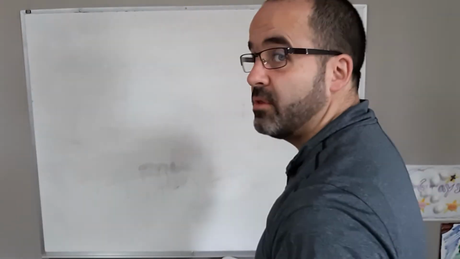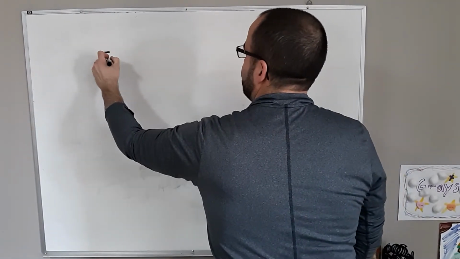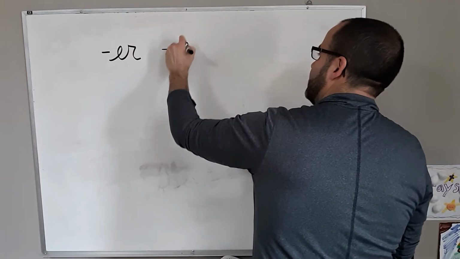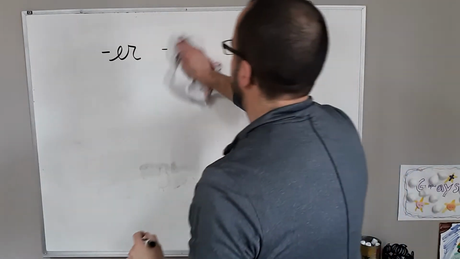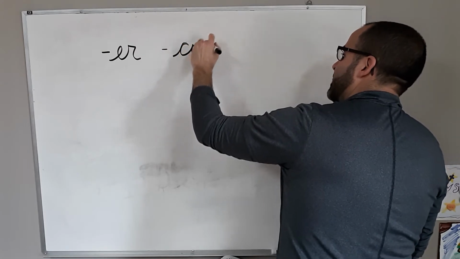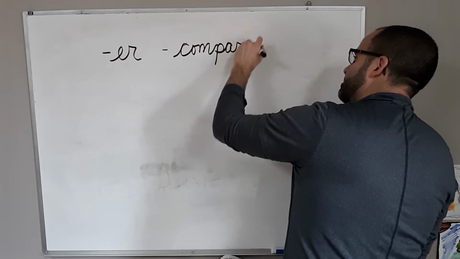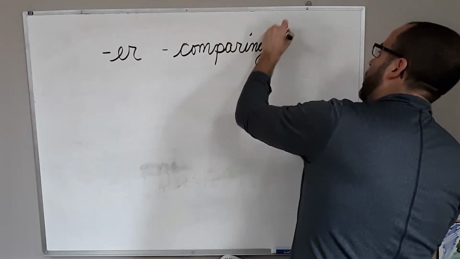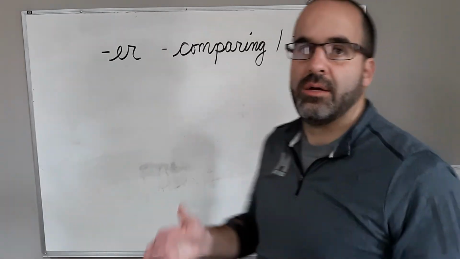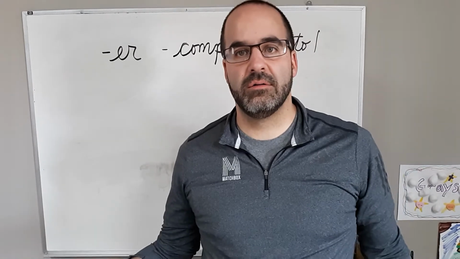Now, at the bottom, they're going to have us do some stuff with the ER and the EST. We're not going to go through the bottom, but what I want you to remember is this. When it comes to ER, we are comparing one thing to one other thing. So Mr. Duncan is taller than Ezekiel.